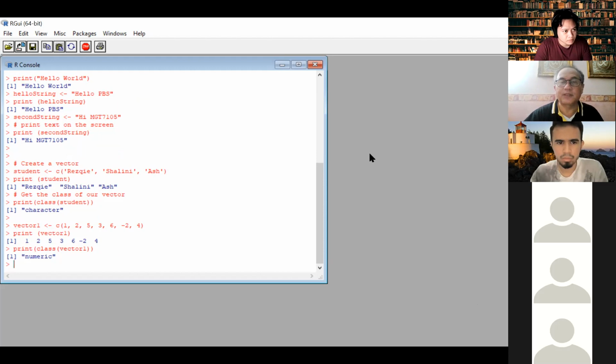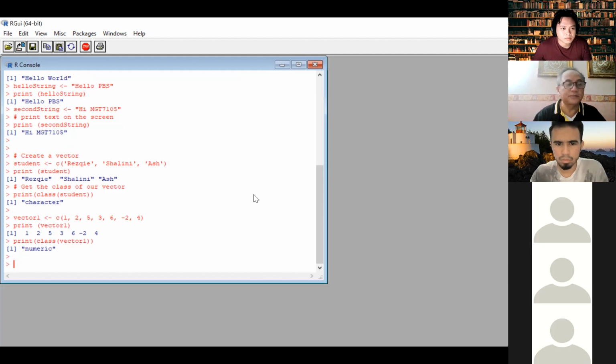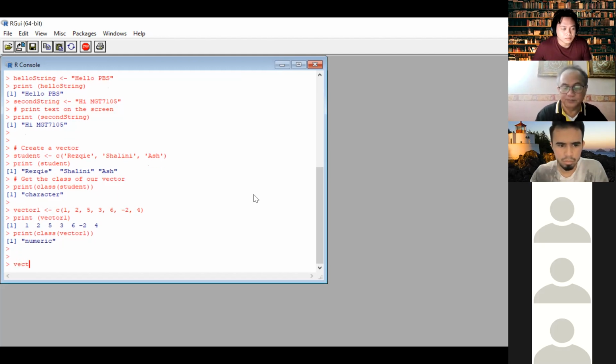Remember when we talked about this, you can also put true, false, true, false. So there are several classes for the vector. You can create vector 2. How do you create vector 2? You can put data into vector 2.